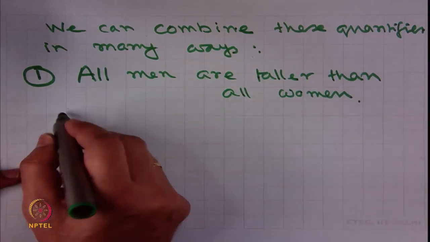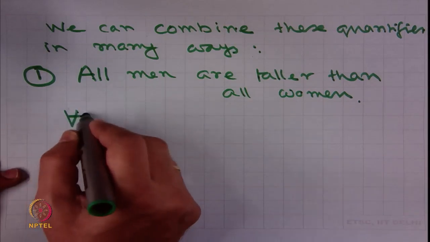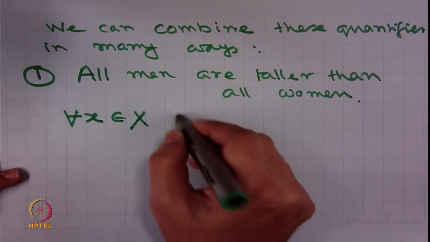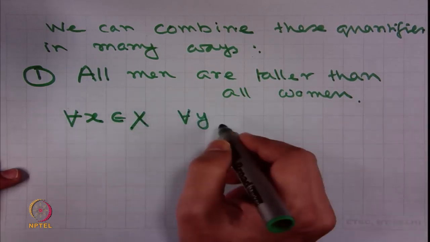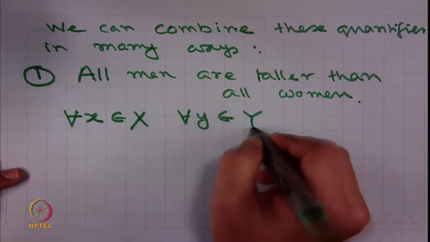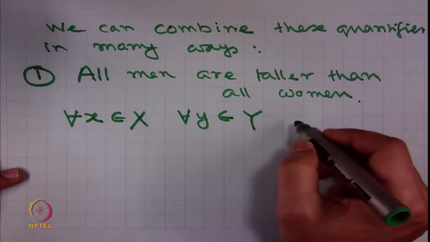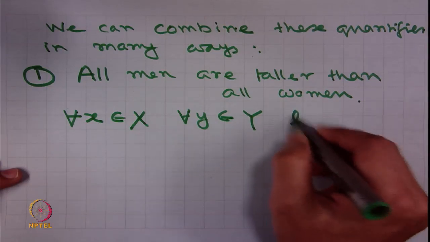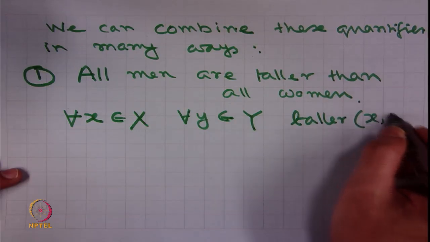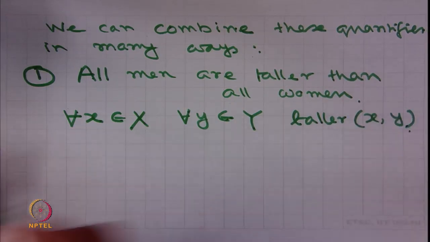So, we can write it as for all x belonging to X, for all y belonging to Y, taller x comma y.